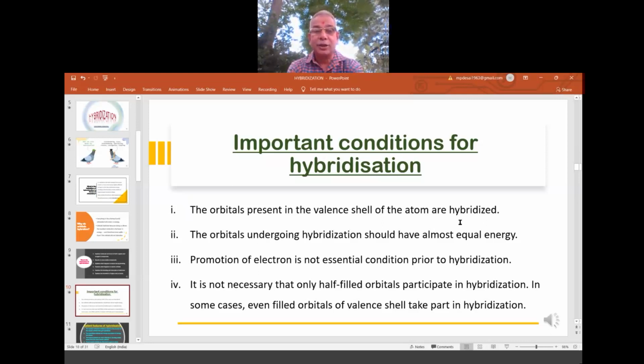Second condition, the orbitals undergoing hybridization should have almost equal energy. I told you, similar or almost equal energy, so it is easy to mix. That's the purpose. The example I gave was, myself with Ramalinga, myself with Manjunath, or myself with other friends. If they have similar thoughts, I feel very comfortable with them.